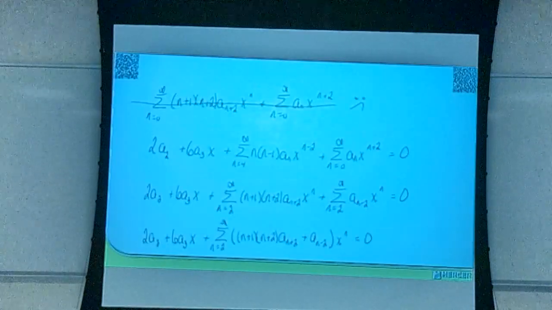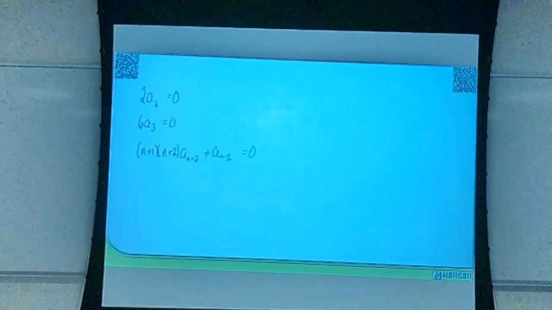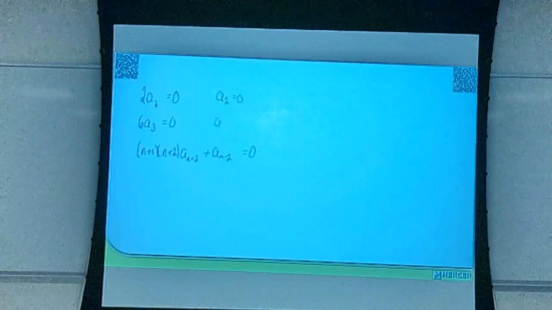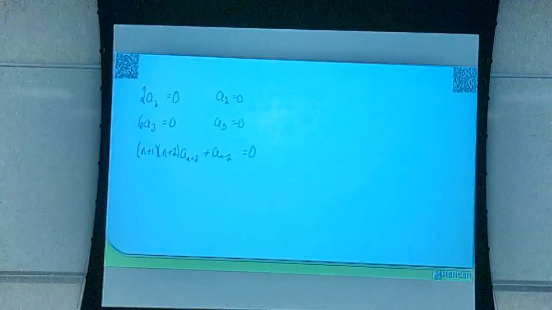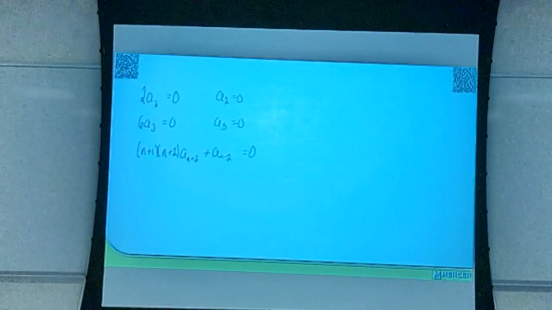Right, so you're going to get 3 equations out of this, right? And then finally that. And then the recurrence relation.